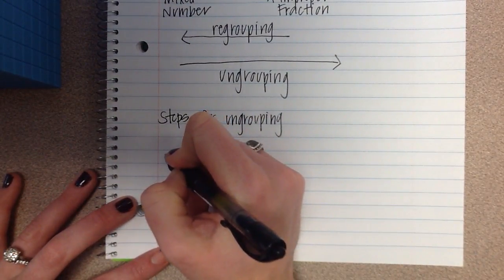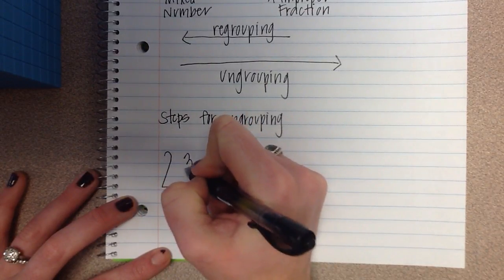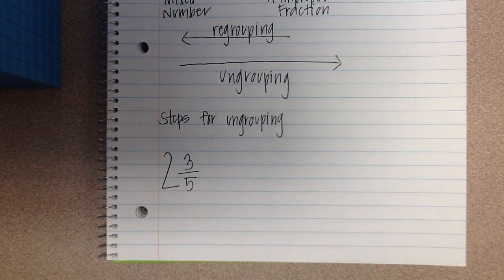I'm going to put my fraction a little bit bigger for you. 2 and 3/5. So, let me get this organized real quickly over here on my side. Sorry for the wait.